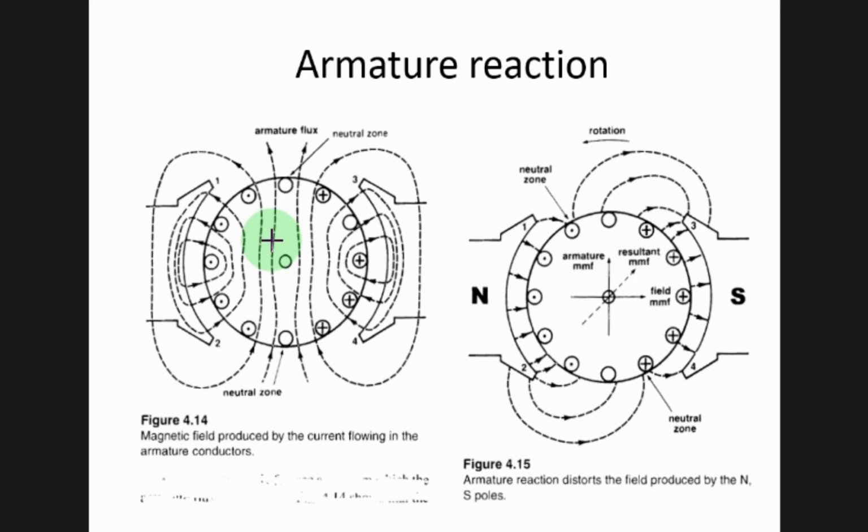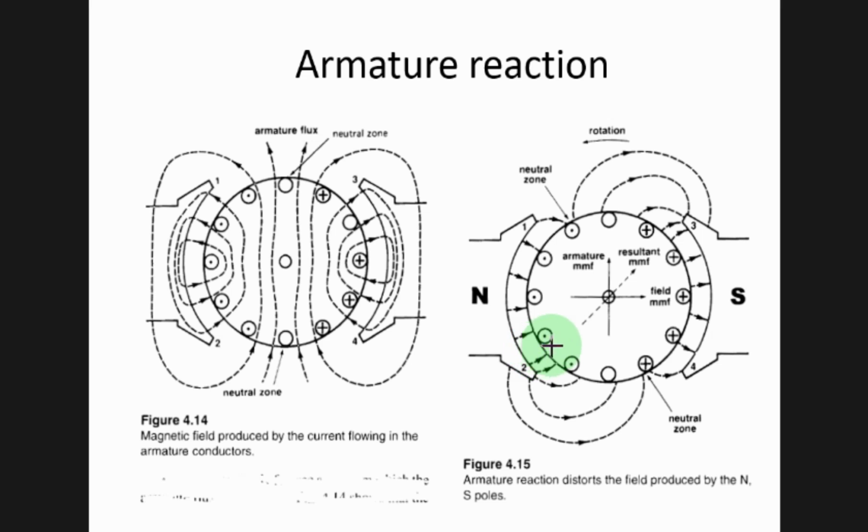But now if there is a current going through the conductors, it will have magnetic flux formed like this. So the field flux and this flux generated due to armature current will react with each other. Therefore the magnetic field in the air gap is no more uniform. It will be something like this, right? So this is called the armature reaction.